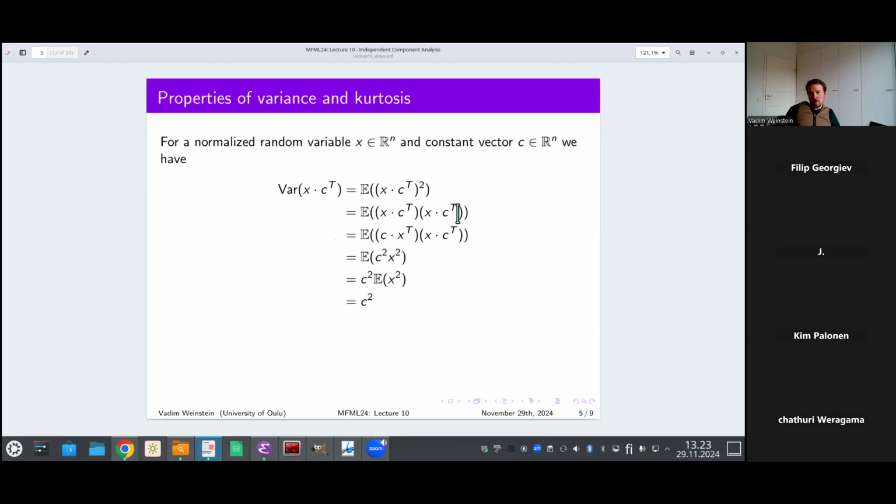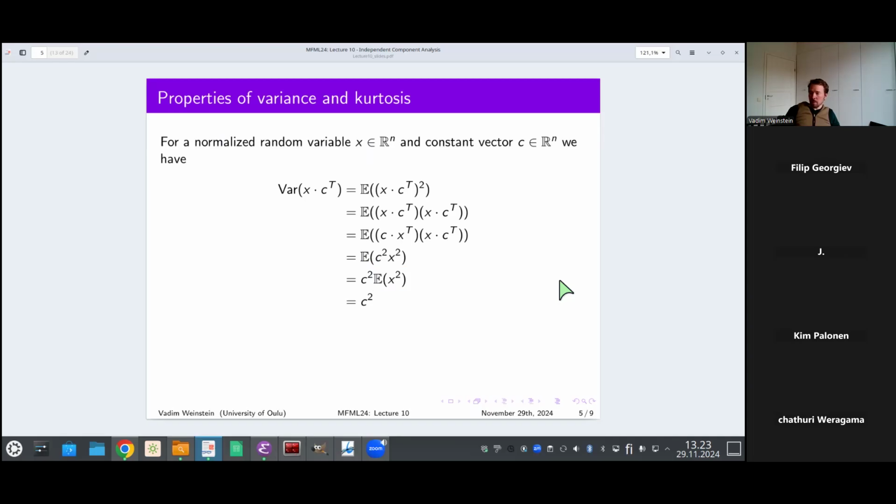Open the square, change the order here. Now, using the previous slide, this becomes this, and because c is a constant, c squared is a constant number, just take it out. And this is 1 because we assume that x is normalized.